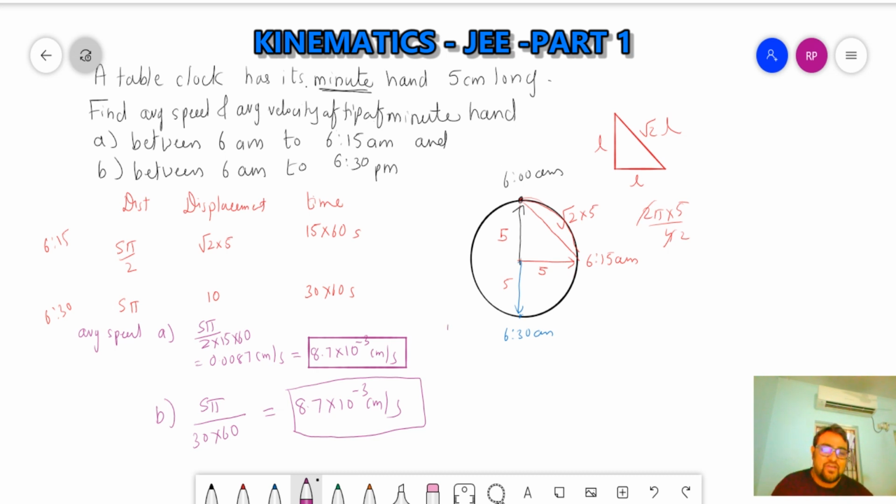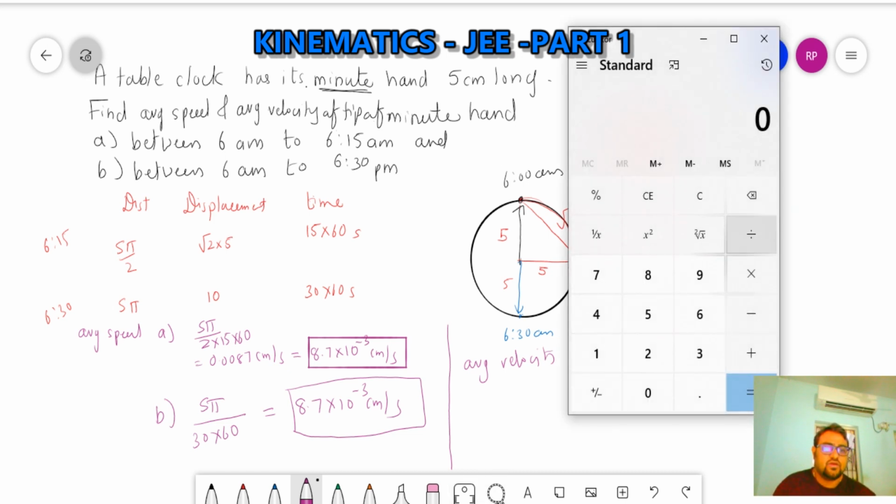Right? Now, if I talk about velocity, average velocity, then A: total displacement 5 root 2 upon total time 15 into 60. Okay, so now for root 2 I will take the square root, it's 1.41 into 5 divided by 15 divided by 60.